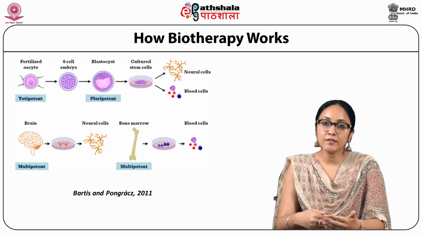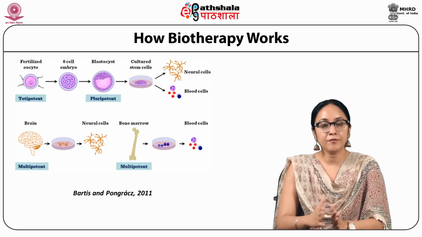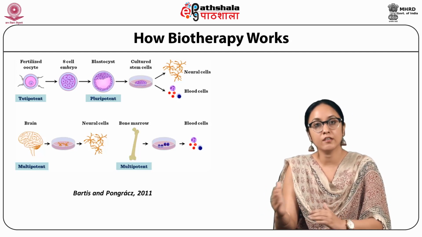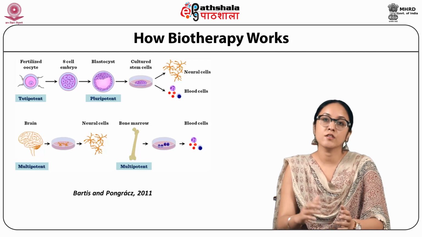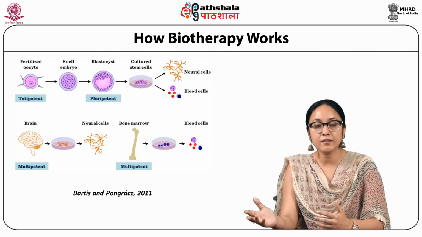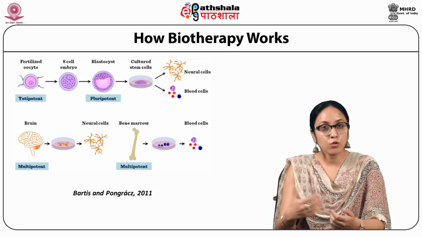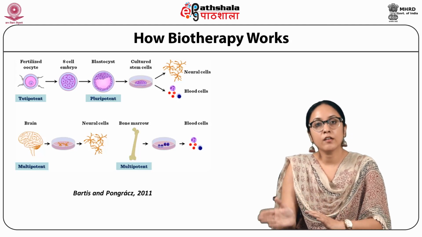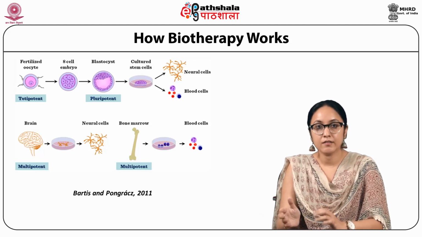When we say pluripotent cells, these cells come after a few divisions in the fertilized embryo, usually in the blastocyst stage, which is a stage which comprises around 50 to 100 cells in the embryo. These cells also can give rise to any cell of the embryo, but cannot give rise to the extra embryonic cells.